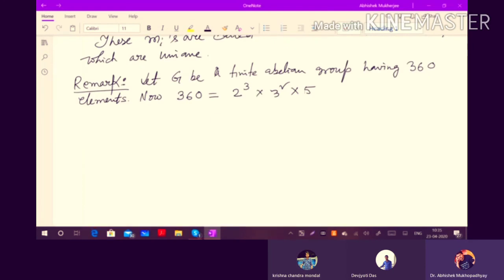So then what to do? Just write down all partitions of these powers. 3 is 3, 2 plus 1, 1 plus 1 plus 1. Now 2 is 2, 1 plus 1, and 1 is 1.